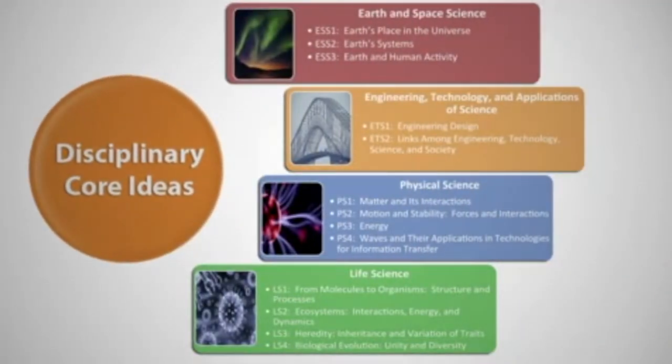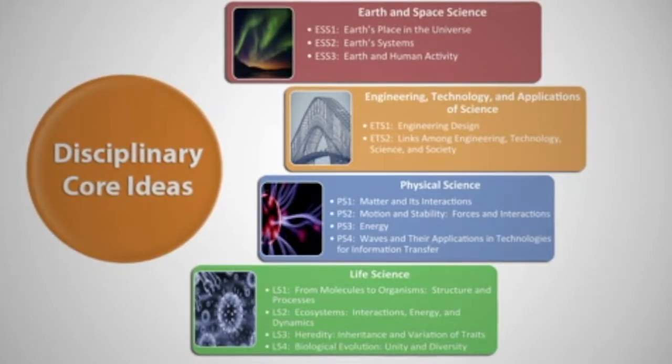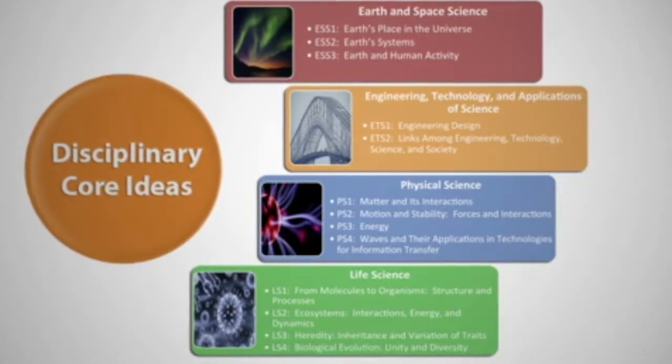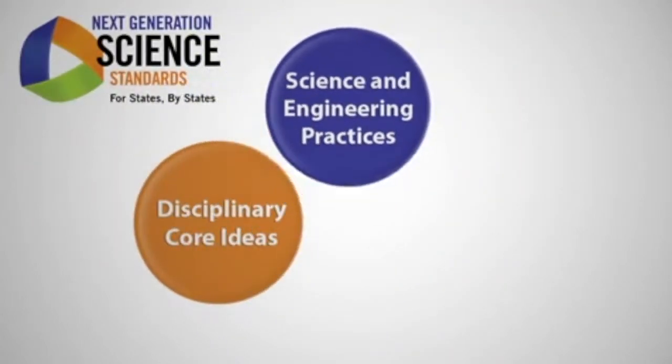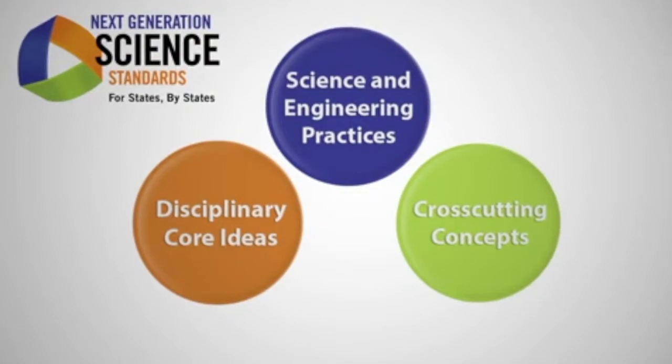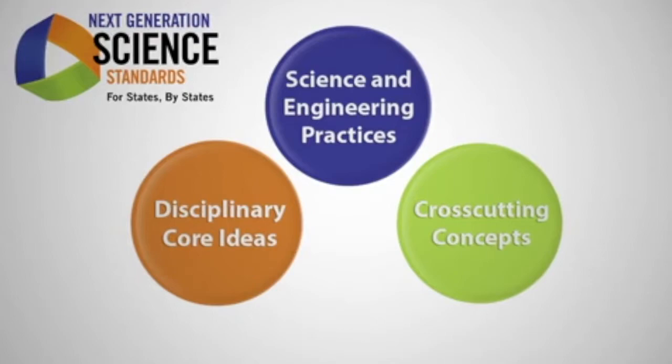The disciplinary core ideas are the content that can be used to construct explanations, and they can be used as a form of evidence to support arguments. And they use them in the context of practices and cross-cutting concepts. This idea of three-dimensional thinking really is well structured in the framework of Next Generation Science Standards, and it helps guide what students will be doing in the classroom.